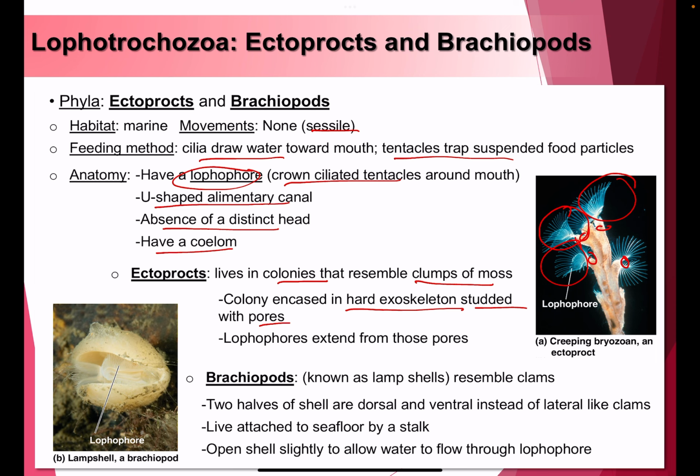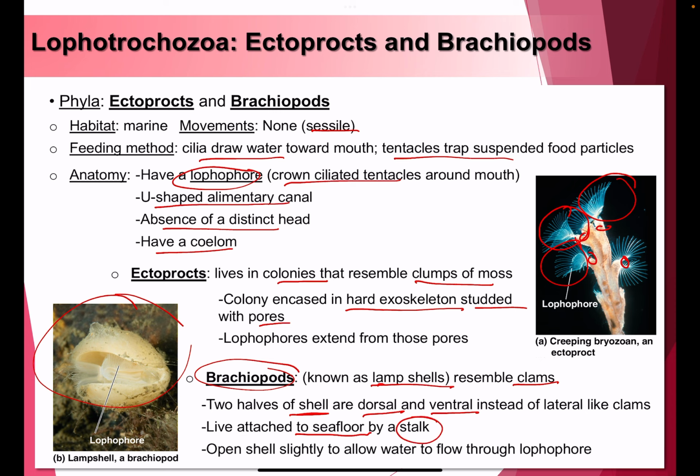And then the other phyla of Lophotrochozoa is the brachiopods, also known as lamp shells. They kind of resemble clams if you look at it like in this picture here, and they are made up of two halves of shell that are dorsal and ventral instead of lateral like the clam. So it looks like a clam, but not exactly like a clam because of the way that their halves are structured. And then they live attached to the sea floor by a stalk.